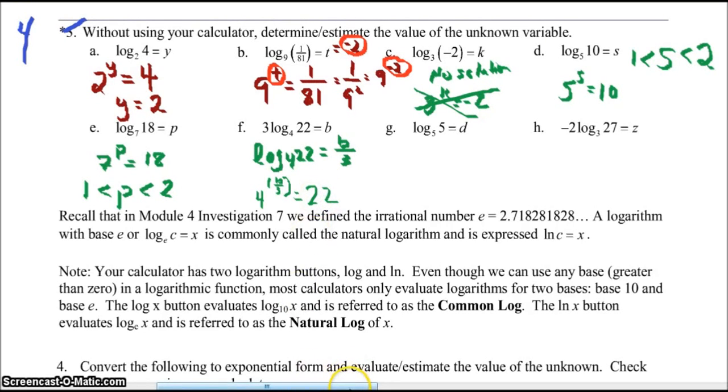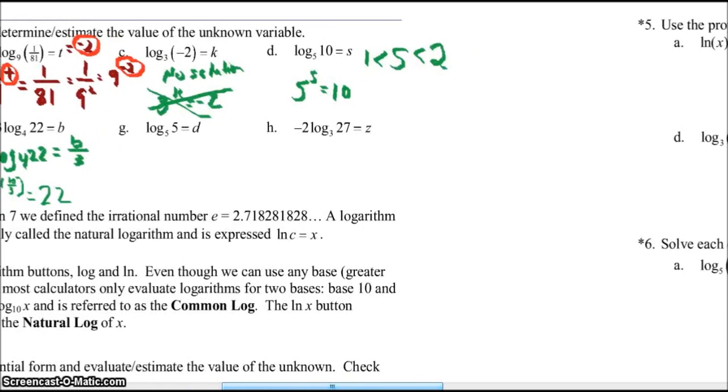Okay, running out of room here. Let's continue our work over here. 4 to the b over 3 equals 22. Well, I know 4 squared is 16. I know 4 cubed is 64.